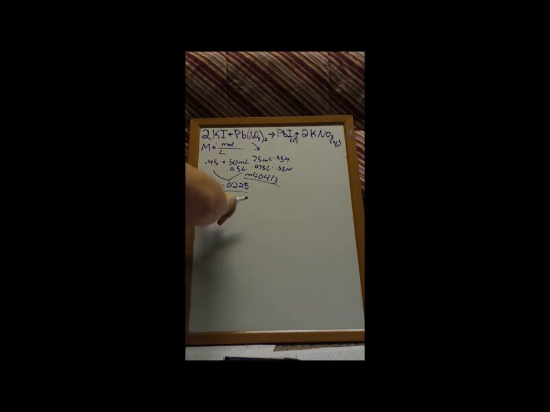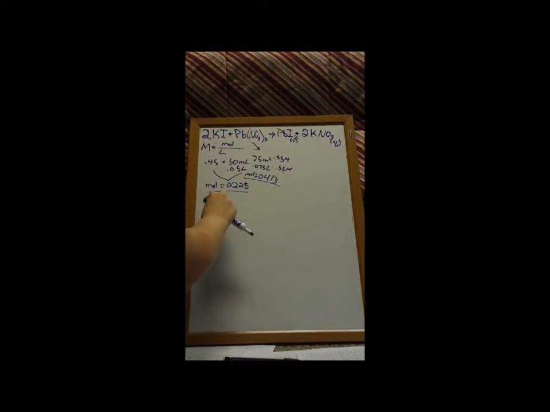Since that's what we're going to be working all of the rest of the math off, and the relationship between the potassium iodide and the lead iodide is a 2-to-1 molar ratio, we know that if there are 0.0225 moles of this, there is half the number of moles of this.